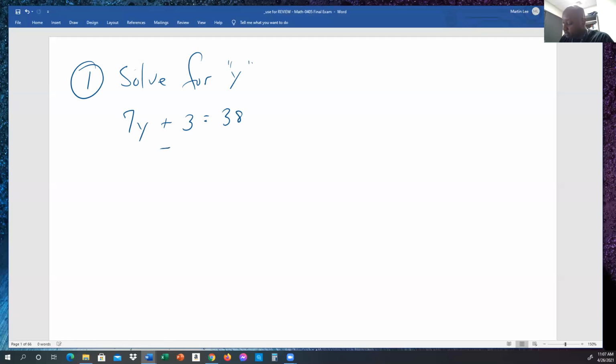We're going to start by subtracting 3 from both sides. And now we have 7y equals 35. To get y by itself, we're going to divide both sides by 7, and we get y equals 5.